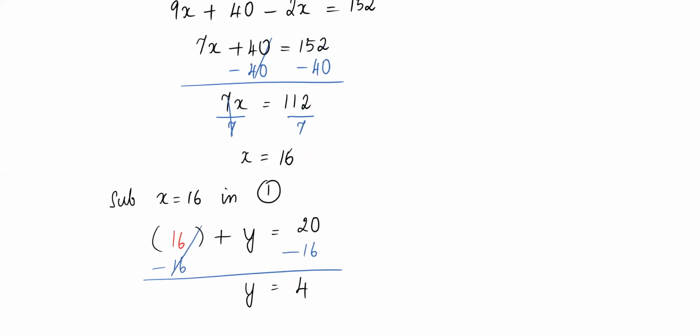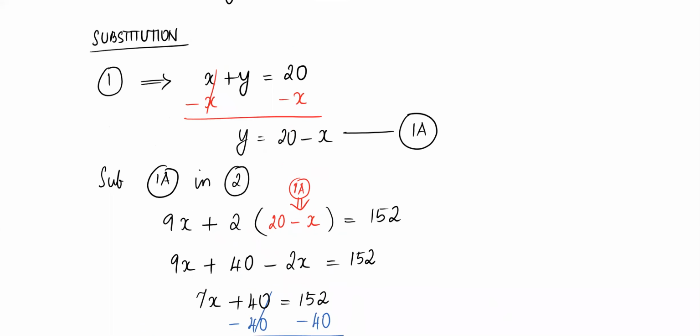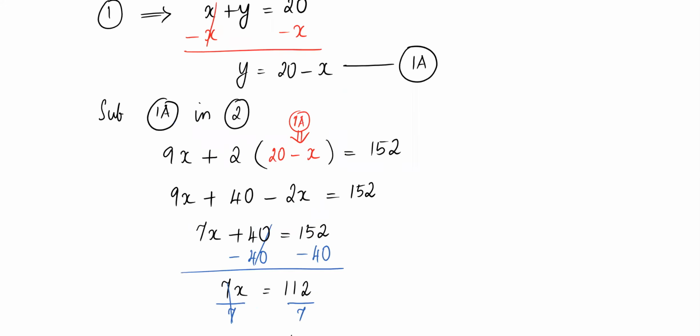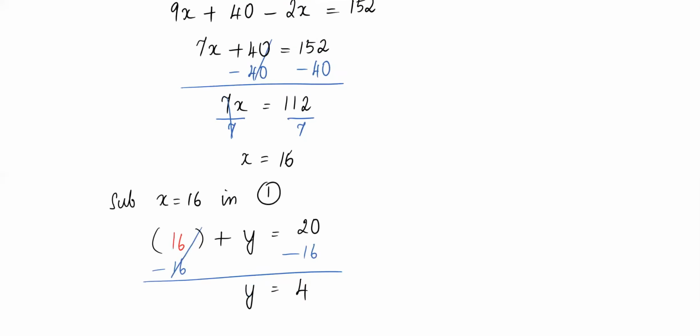Come back here and, as always, perform the check. But we also need to interpret the answer. X, so go back to the table, see what X represents. X represents the number of pounds of nuts. So the number of pounds of nuts is 16.